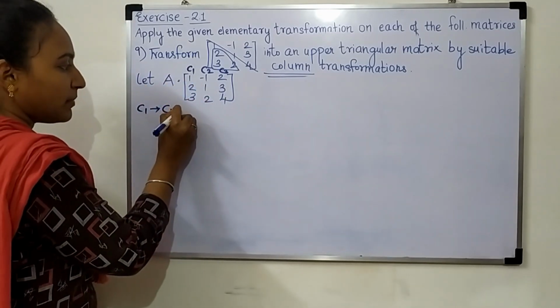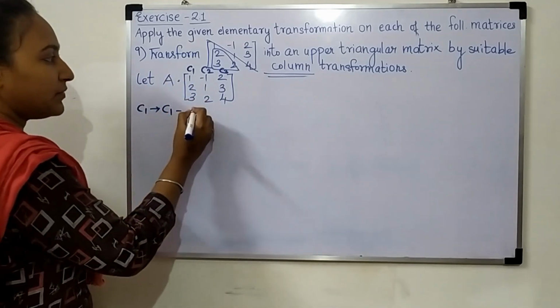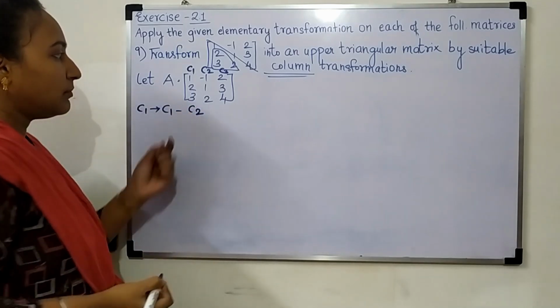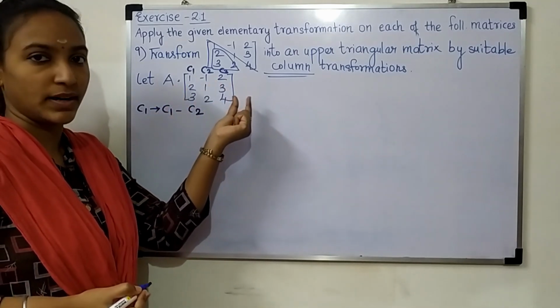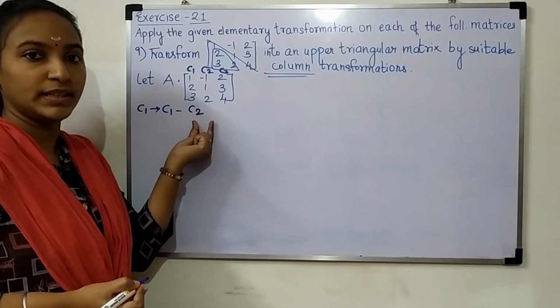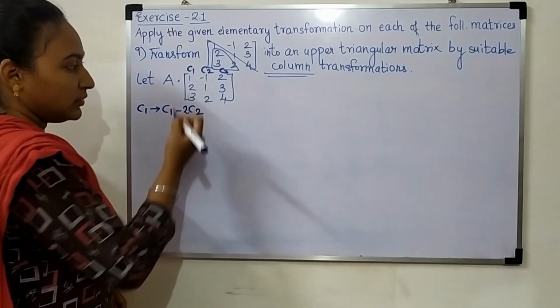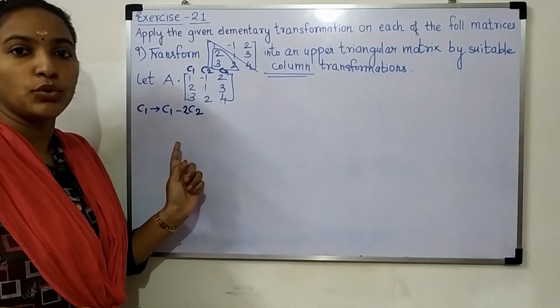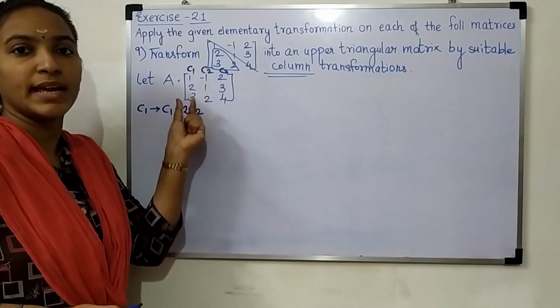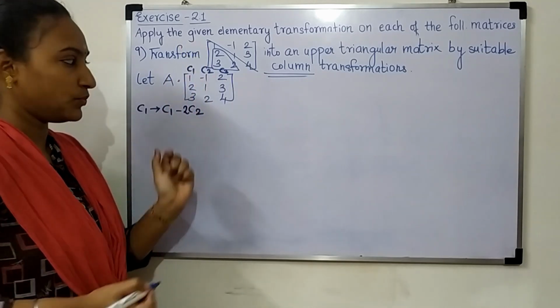So we have to subtract it from C2. But here it is 2, here it is 1, so we multiply C2 with 2. Multiplying C2 with 2 implies we are multiplying each and every element of C2.